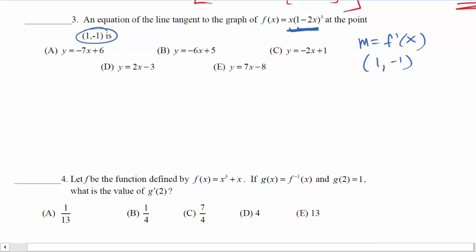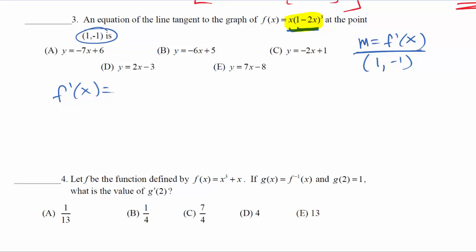So my guess is if I plugged in 1 comma negative 1 into all these answers, I would always get a true statement. So really, it's all about that derivative. So f prime of x equals, now looking at the original problem, I have x times 1 minus 2x quantity cubed. Well, that means I'm going to have to use a little bit of chain rule and product rule.